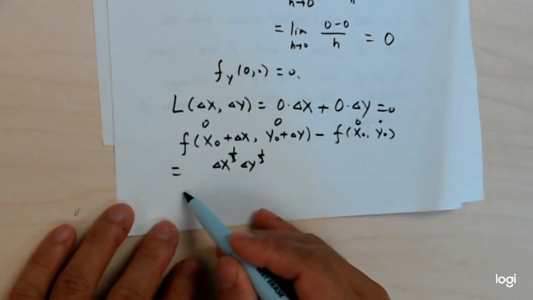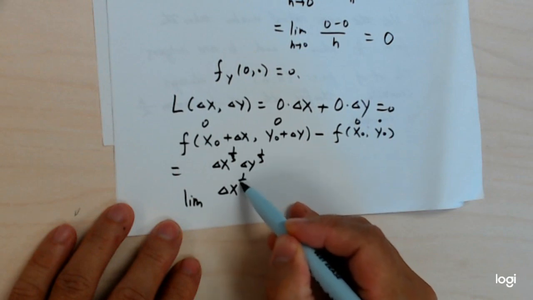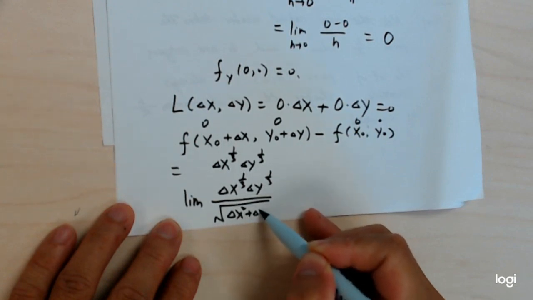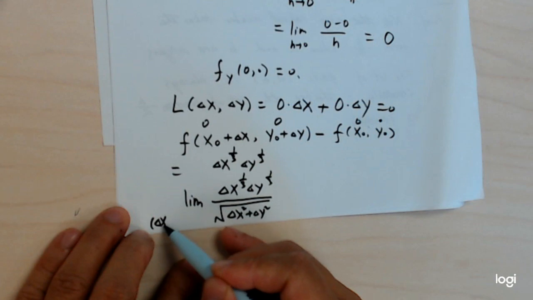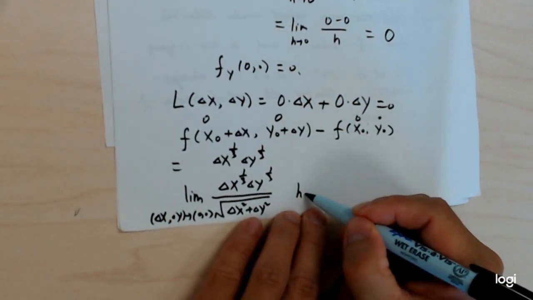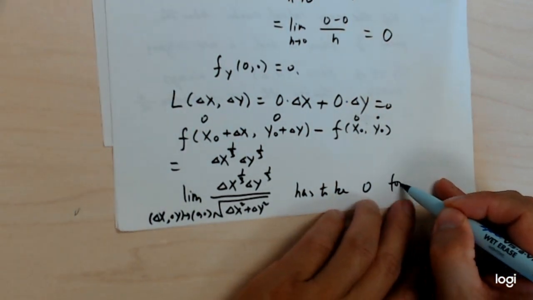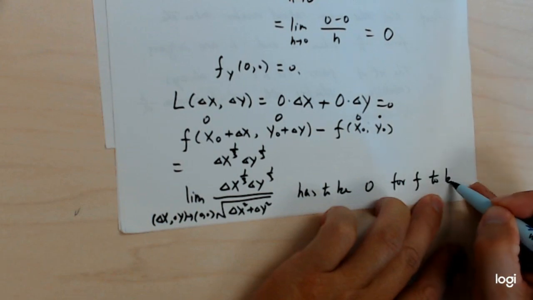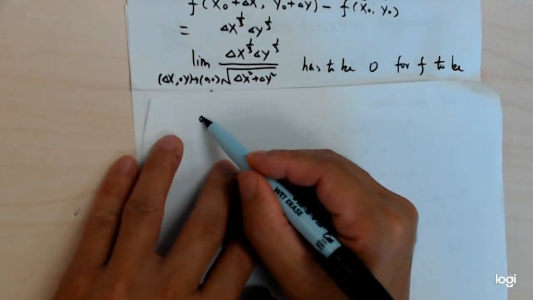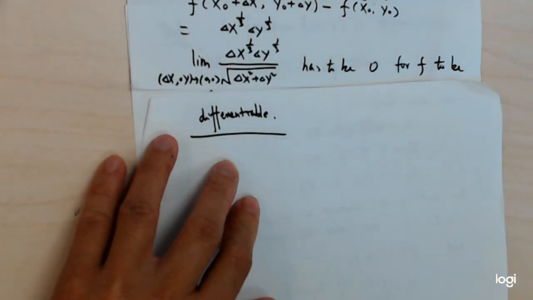The definition says the limit of this nonlinear error over the square root of delta x squared plus delta y squared, where delta x, delta y approaches 0, 0, this limit has to be 0 if you want f to be differentiable.